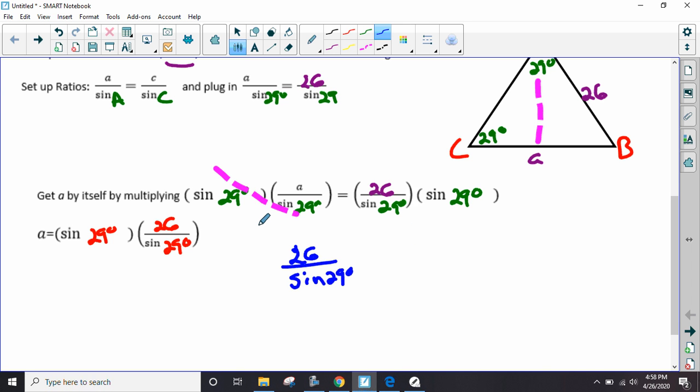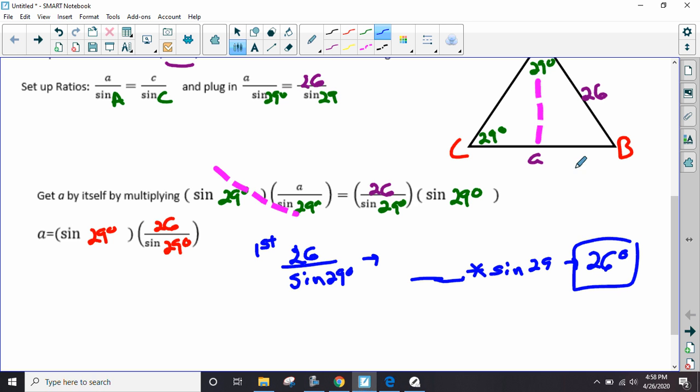For those who are really good with your calculator, you could plug it in just as it's written over here, and you'll get the same thing. But what I do is get this first, then take that answer and multiply it by the sine of 29. Yes, we do get 26 as a side length. We knew that because it's isosceles, but this is a good check.